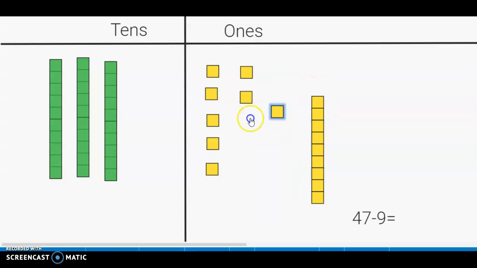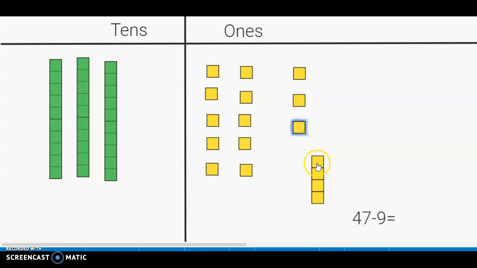So now we have the 7 ones that we started with, and then we've regrouped and brought over 10 more ones. There's still 47 on the board right now. We just changed the way it looks a little bit.